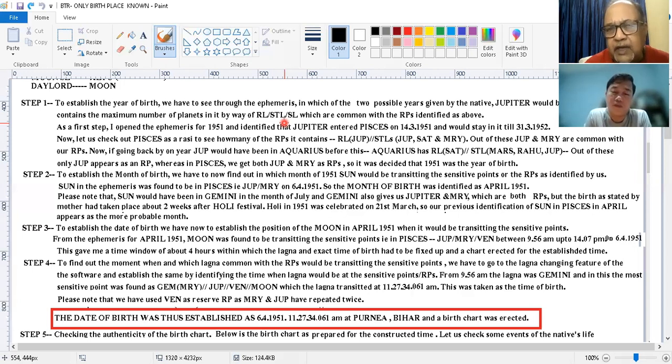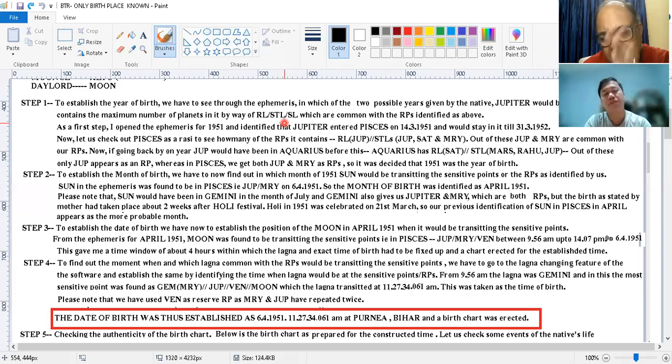In Aquarius, what are the star lords that are going to be there? You have not learnt it yet. It is going to be Mars, Rahu, and Jupiter. These are the three star lords, say, for 1950.